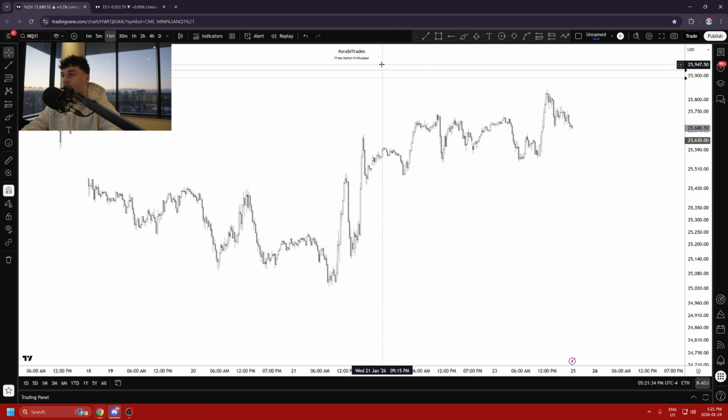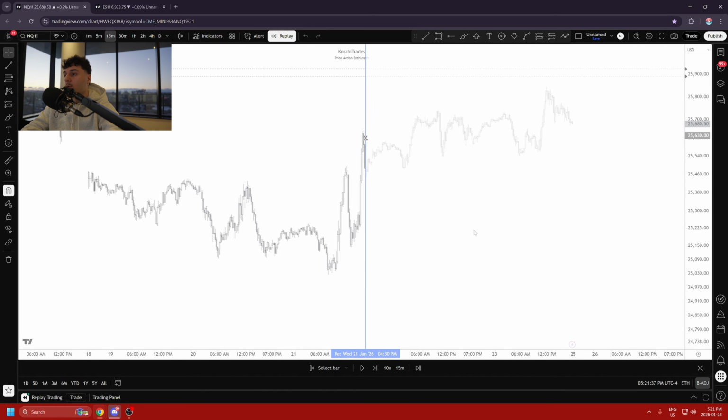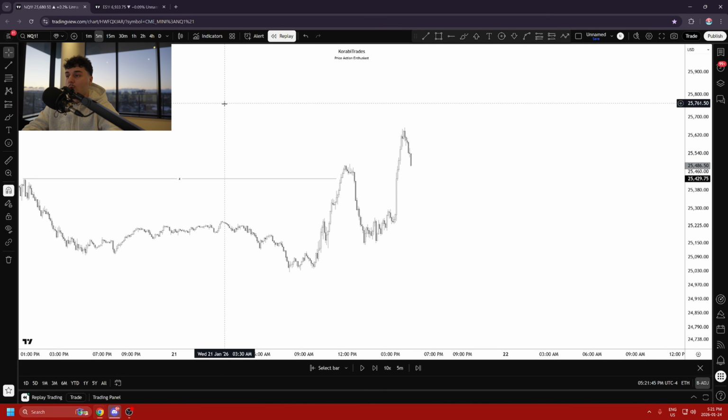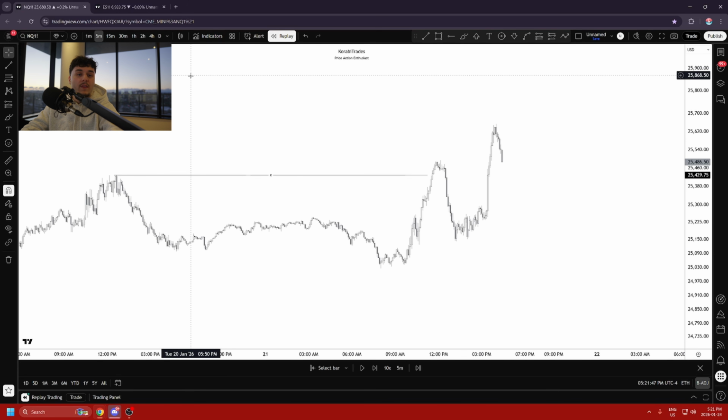So we can even take this price for an example, and we know that, okay, off of a manipulation internally, we're always going to look for a rebalance lower, right? So once you have that rebalance lower, you can then start applying what we call multi-time frame alignment. So what is multi-time frame alignment?